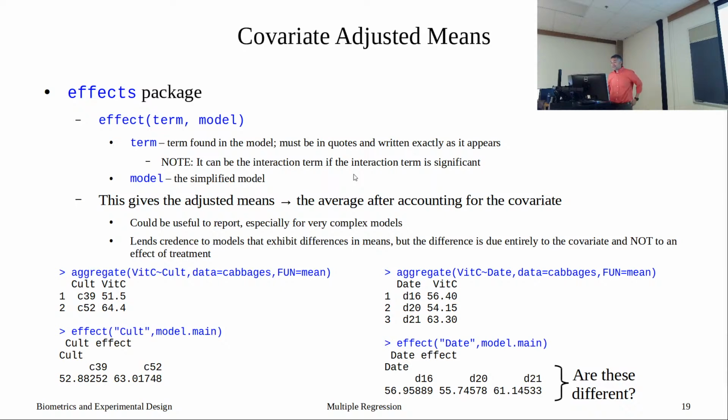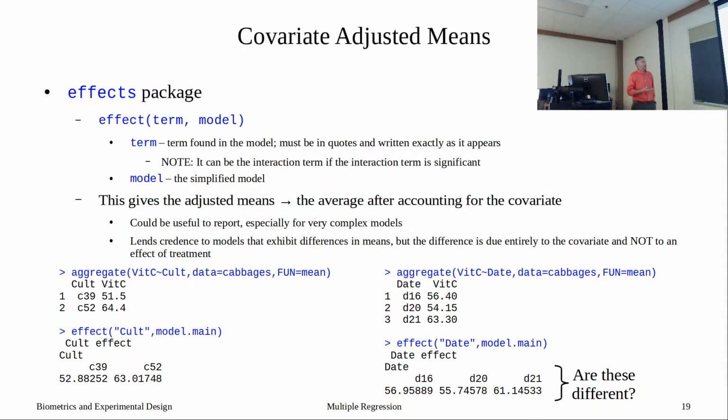All right, could we get even better? Yes, this is where the effects package comes into play. Because now, after we account for that continuous covariate, we want to say, after we account for it, this is how much of an effect cultivar has. This is how much of an effect date has on our vitamin C levels.